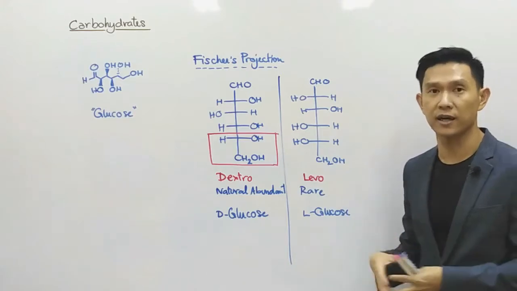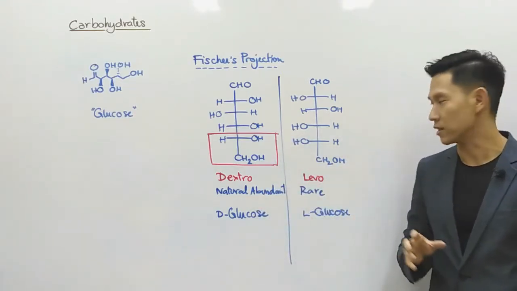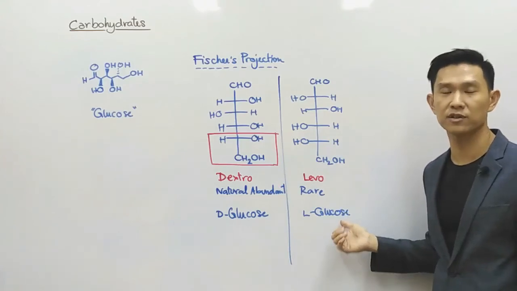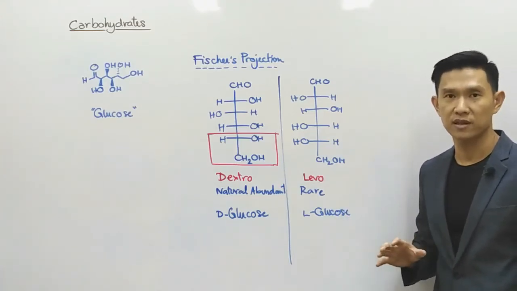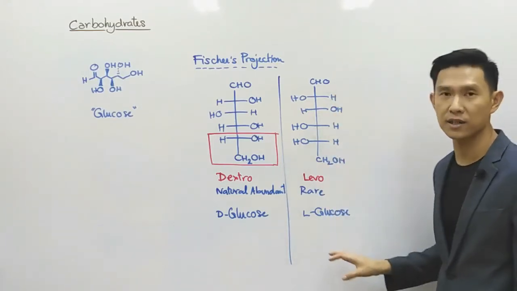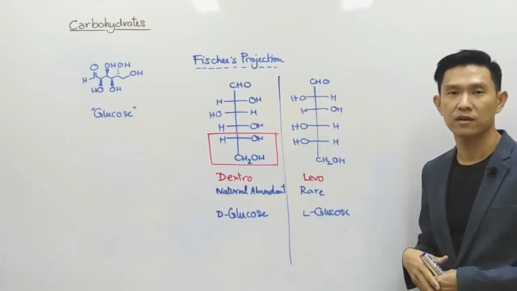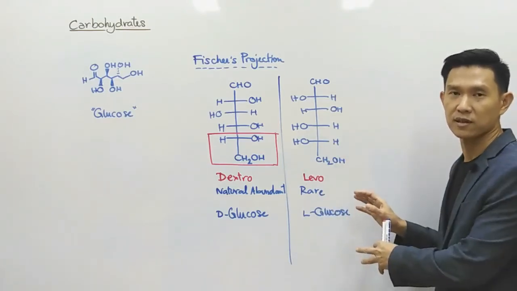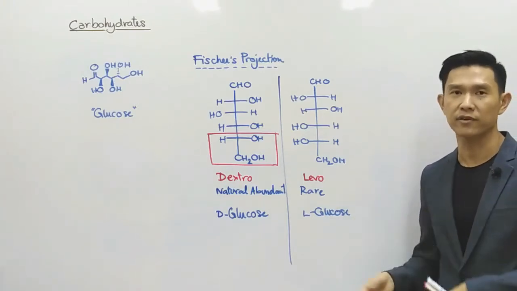The enzyme is designed to trap this one, not this one. So if you can synthesize L-glucose and you just eat it up, right? No enzyme in your body recognizes this molecule. So this can pass your metabolic pathway. Nothing can catch it. So this is eliminated from your body with the urine and everything.